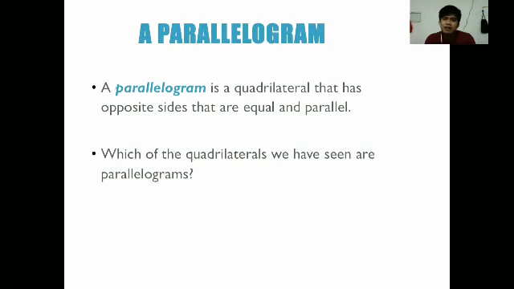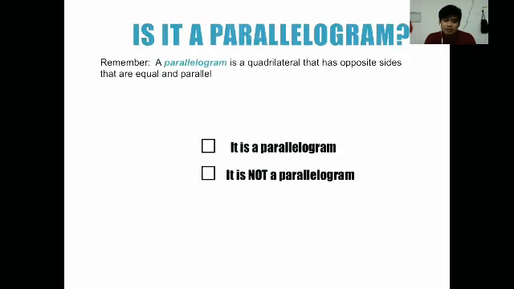The square, the rectangle, and the rhombus are parallelograms, because their opposite sides are equal and parallel. But the trapezoid is not a parallelogram, because it has one set of sides that are not parallel.